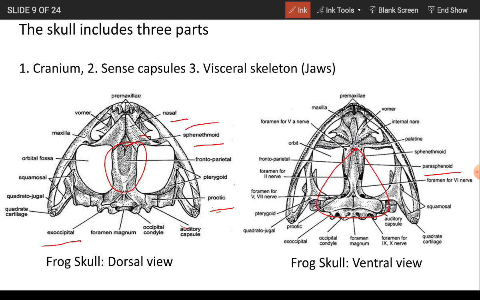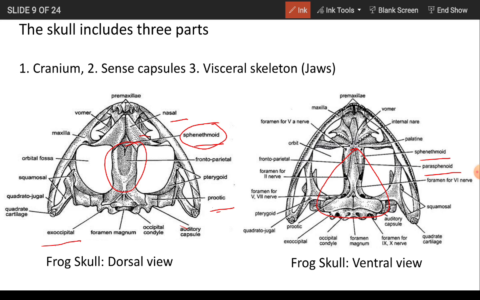Here you see the spine ethmoid bone on the dorsal side, and exactly behind it you find the parasphenoid bone, which is present on the ventral side of the skull just below the spine ethmoid and forms the entire floor of the cranium.